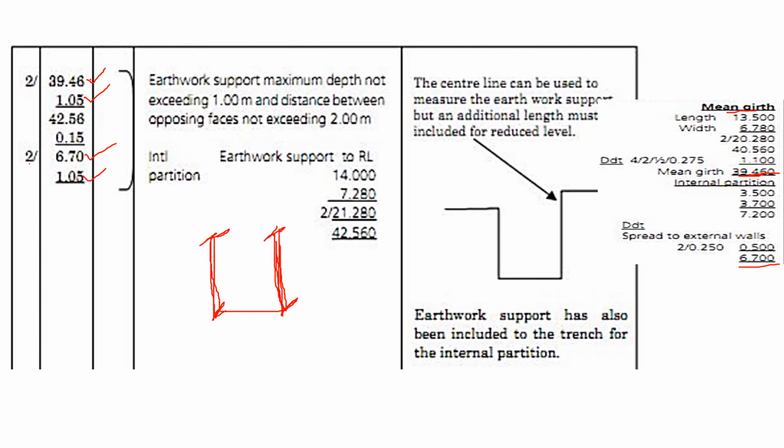Now this one we shall calculate by taking the length where we have reduced the level was 14, the width was 7.28. So the total perimeter was 4.50. Then we have reduced the level by 150 millimeters, remember. So we shall take the perimeter, then we multiply by 0.15.